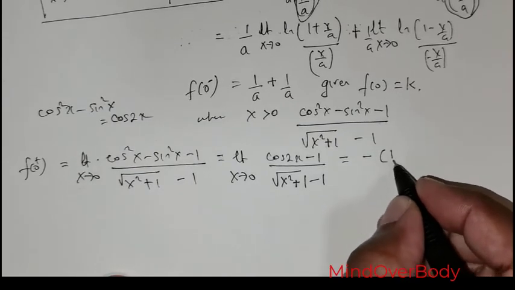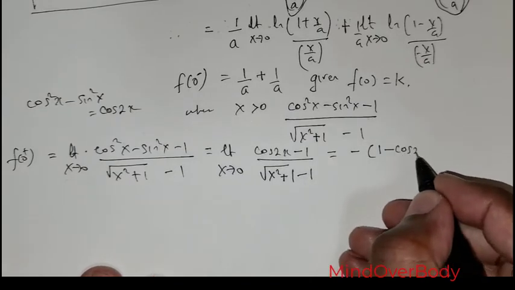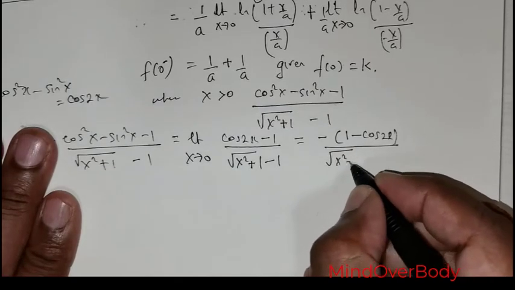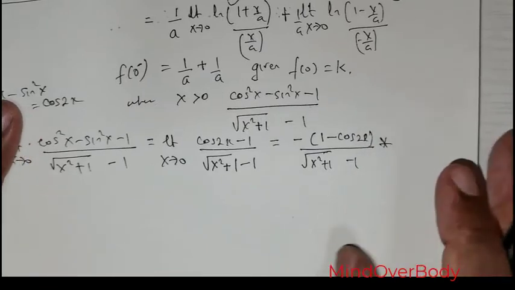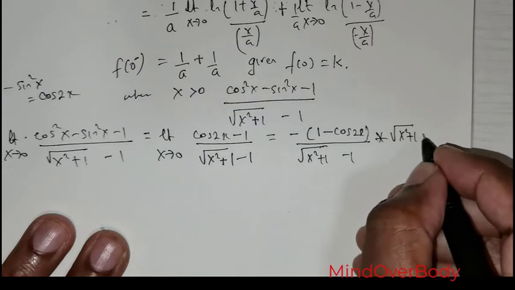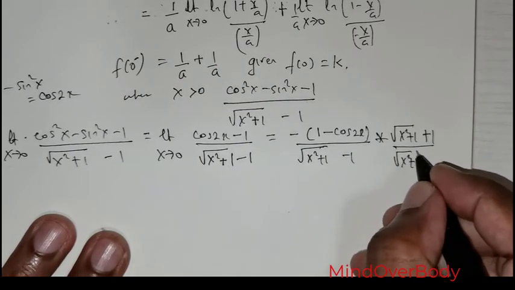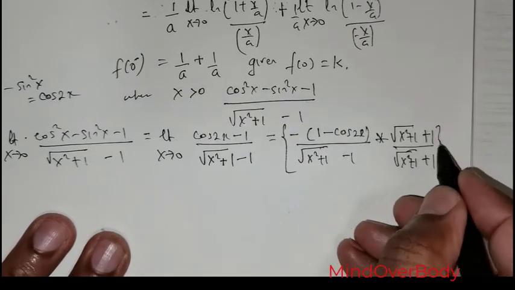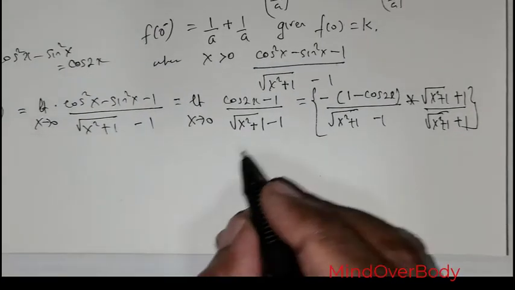So this is going to be negative of 1 negative cos 2x divided by root of x squared positive 1 negative 1. Of course I would like to rationalize this, so this is going to be root of x squared positive 1 divided by root of x squared positive 1 and positive 1. Of course there is this limit which is tending to 0. I will apply the limits later on.